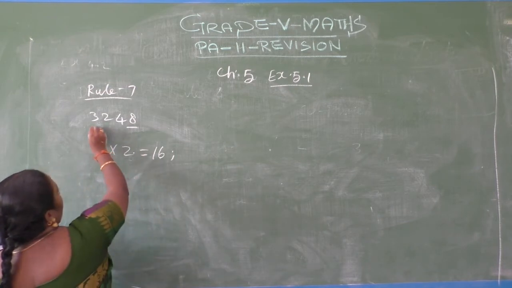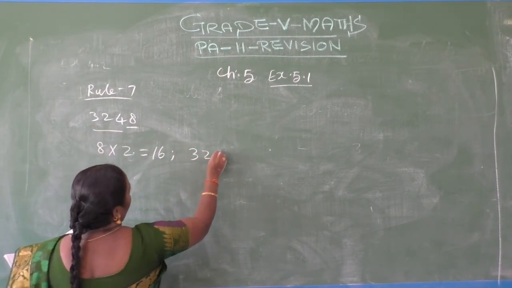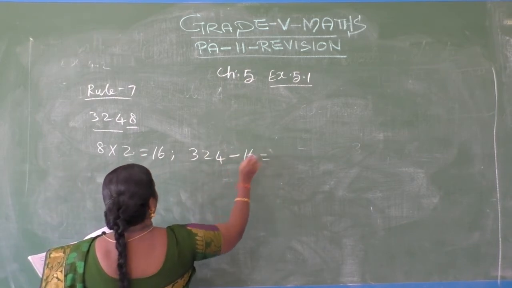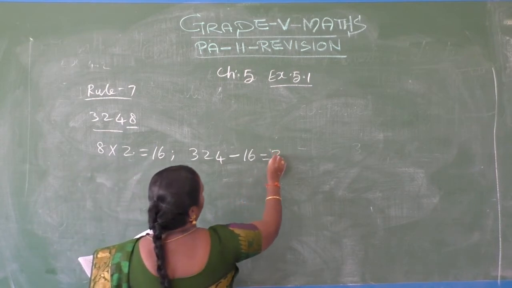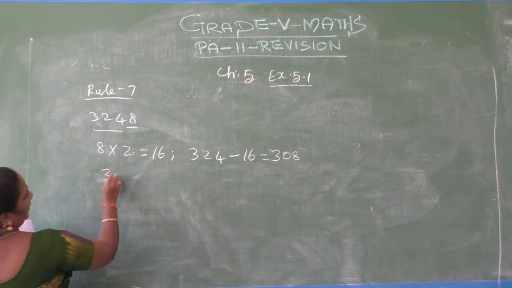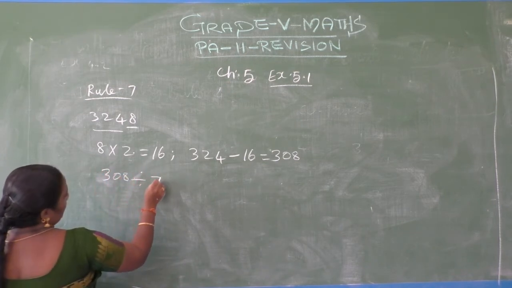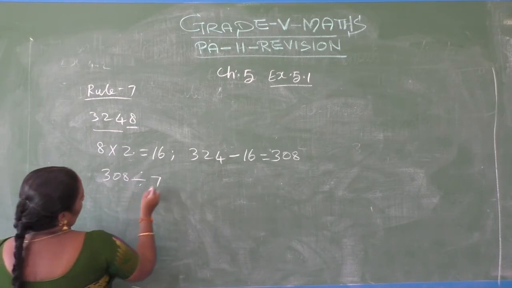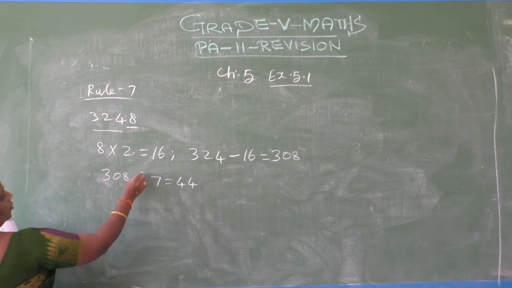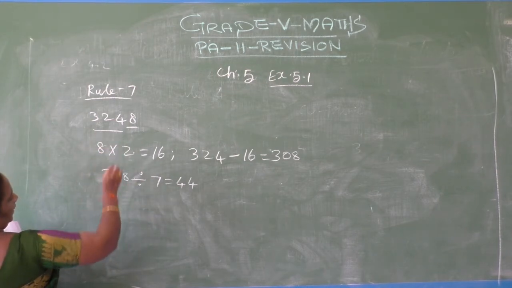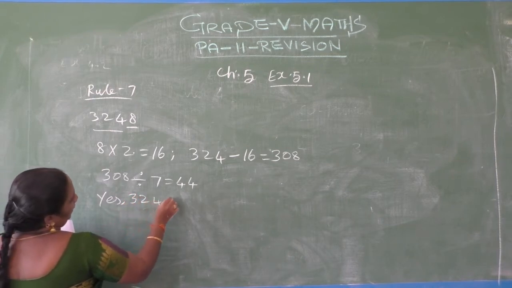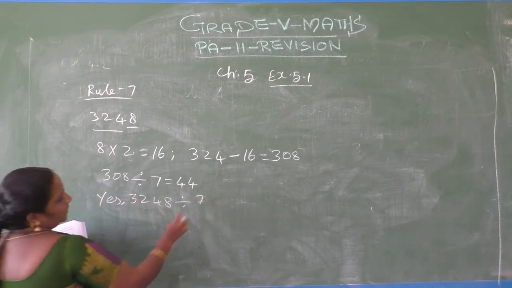Then take the rest of the number, 324, and subtract 16 from it. 324 minus 16, what will come? 308. Then divide that number by 7. 308 divided by 7: 4 7s are 28, remaining 2, again 4 7s are 28. So this number is divisible by 7, which means the whole number will be divisible by 7. 3248 is divisible by 7.